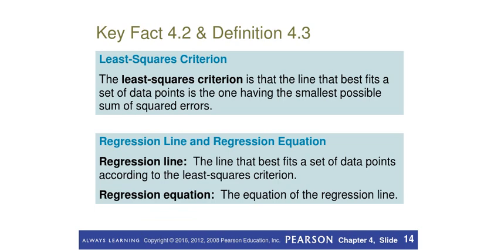With that least squares criterion, we're going to get a regression line and a regression equation. In other words, our goal is to come up with an equation of a line that gives us the smallest possible least squares differences between the mean and the variable.